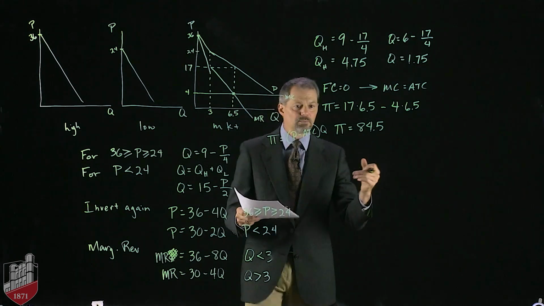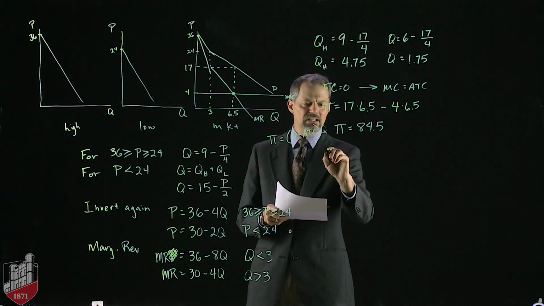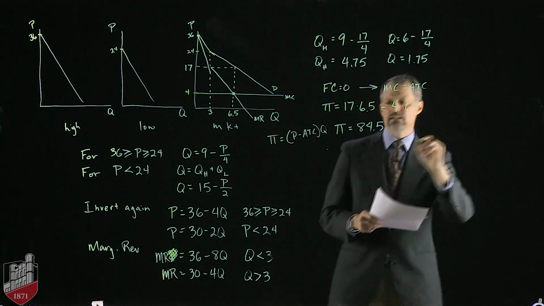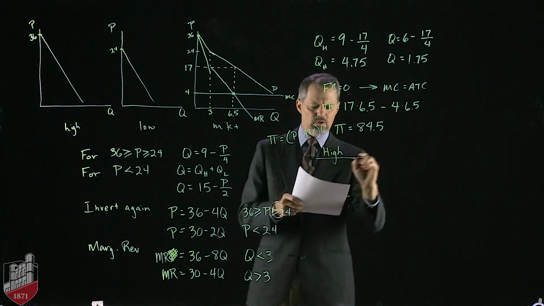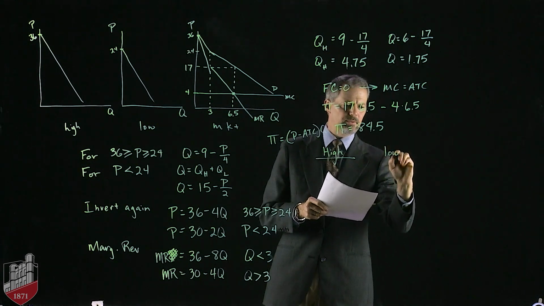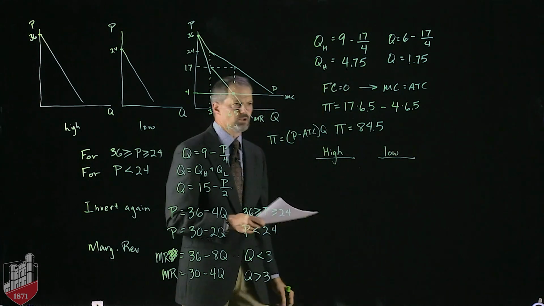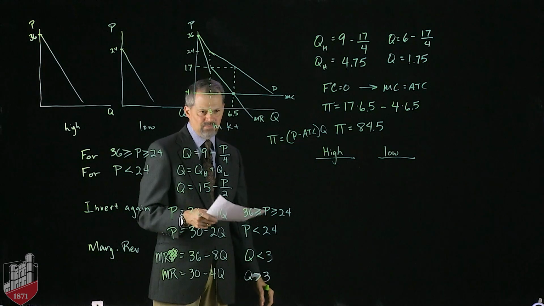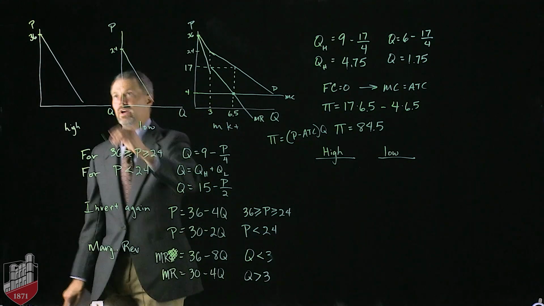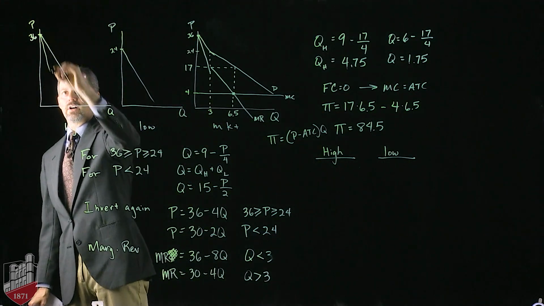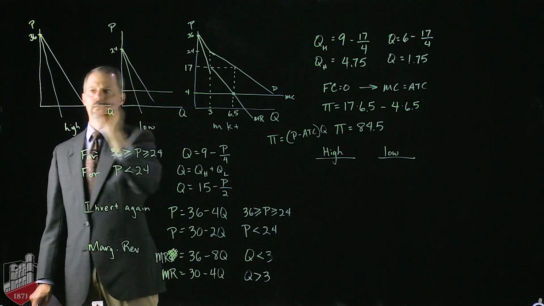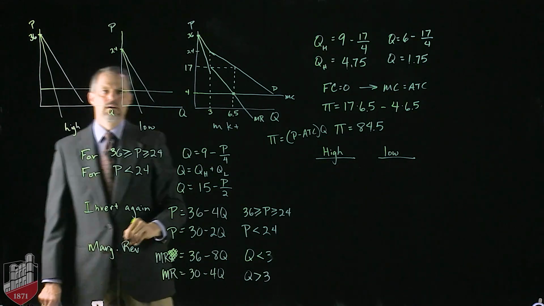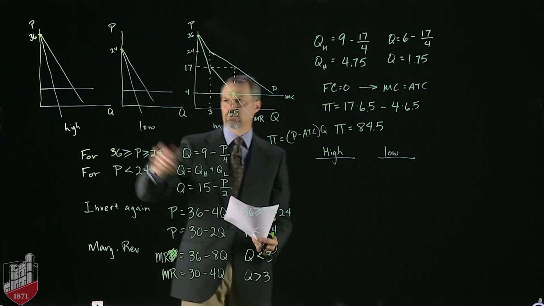So what the firm's going to do, let's start by thinking about our high willingness to pay group, and then we'll also think about low willingness to pay. So the two groups, what the firm is going to do is it's going to equate marginal revenue and marginal cost for each group.